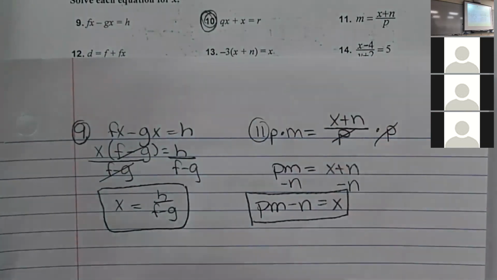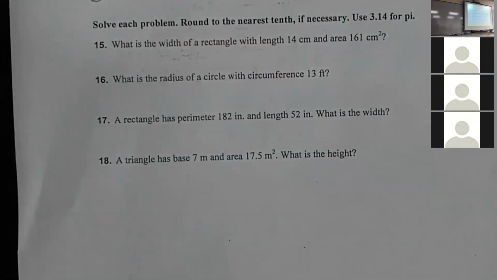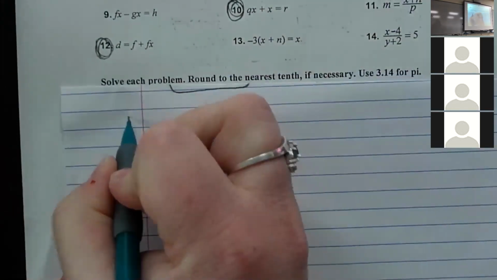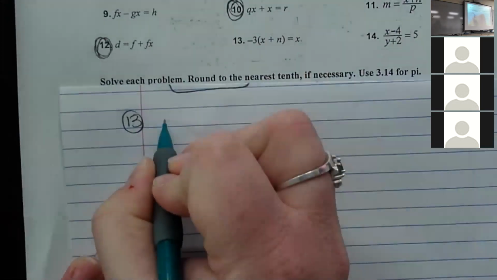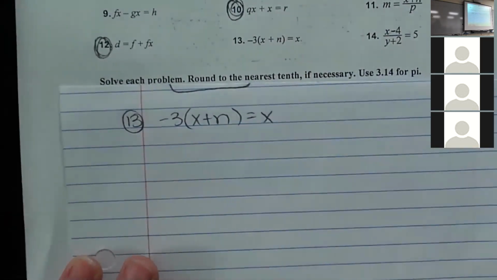Okay, circle 12, that's similar to 9 and 10. You're going to do that one on your own. Let's look at 13. Number 13: negative 3 parenthesis x plus n equals x.